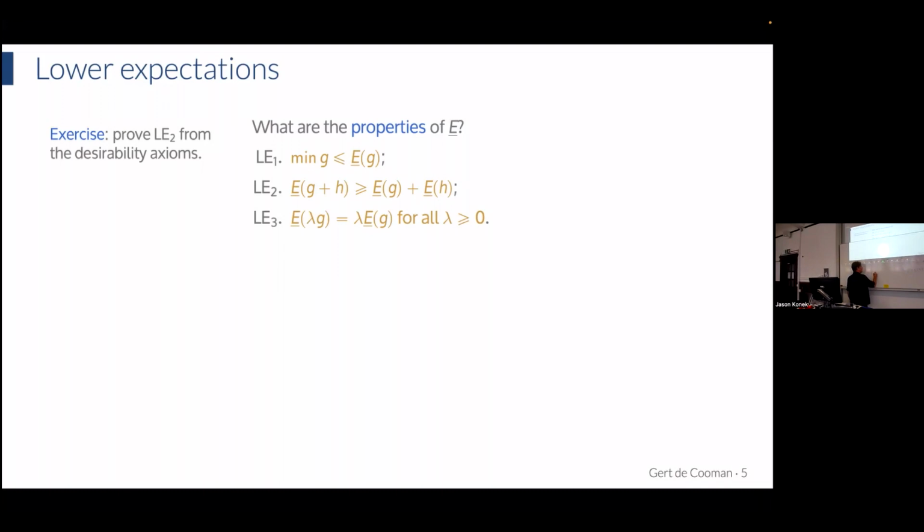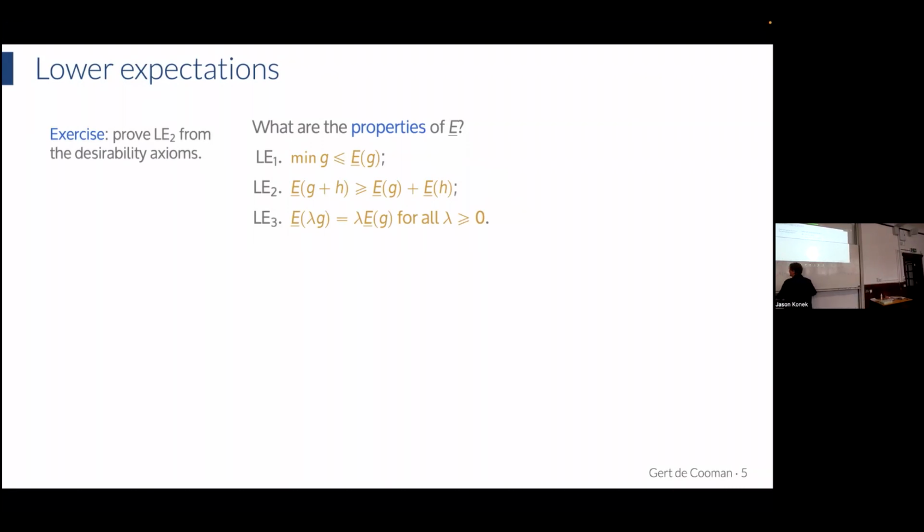Suppose that we have equality for all gambles. Take H equal to minus G, which should work in particular.